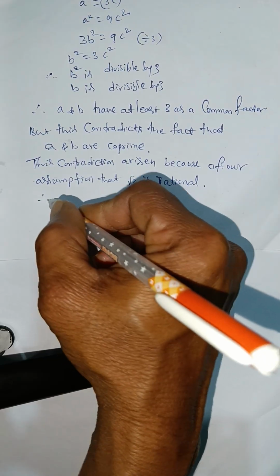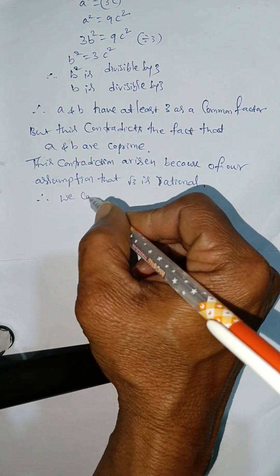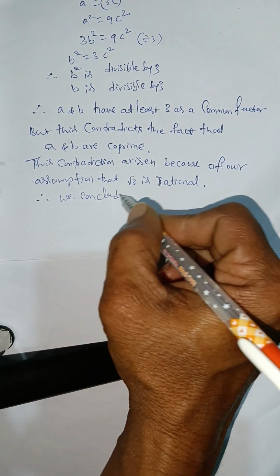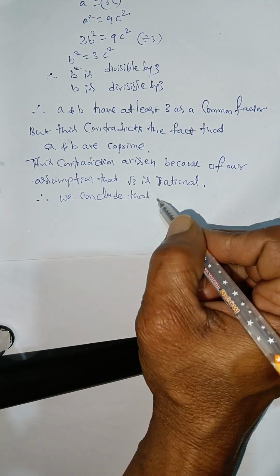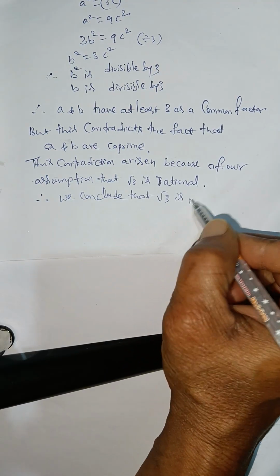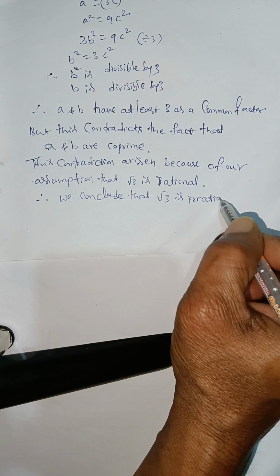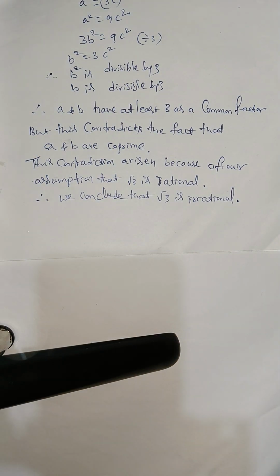Therefore, we conclude that root 3 is irrational. Like that, we have to prove.